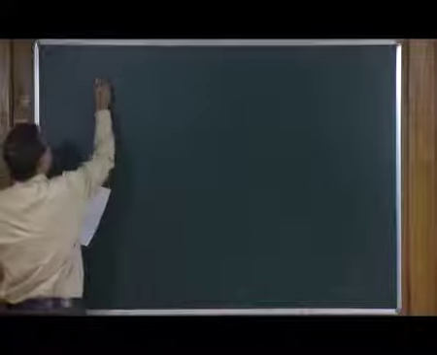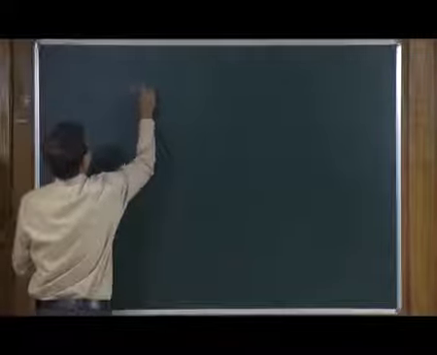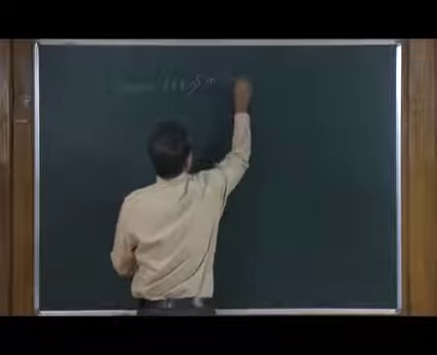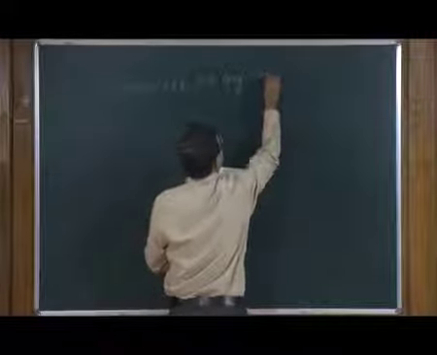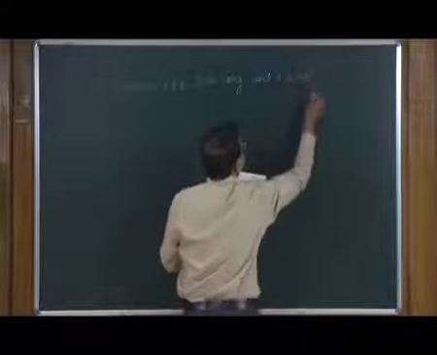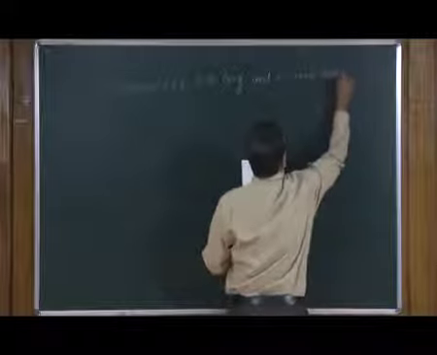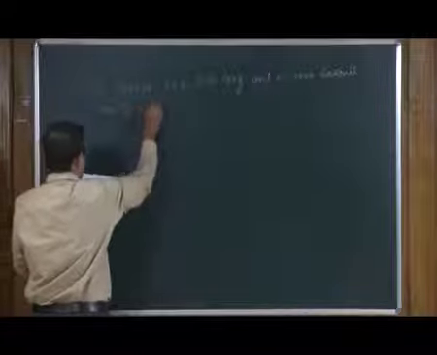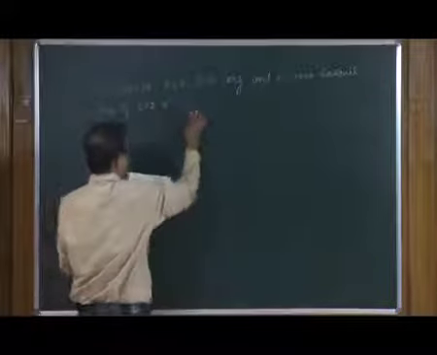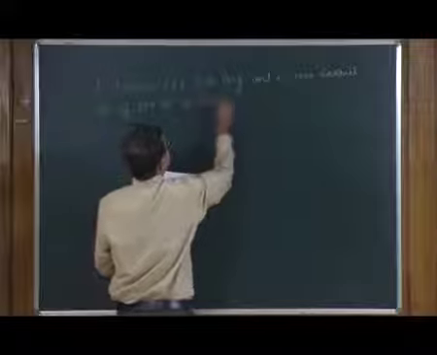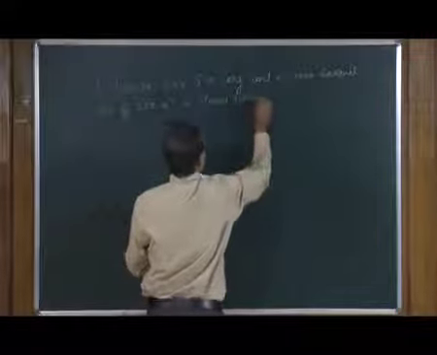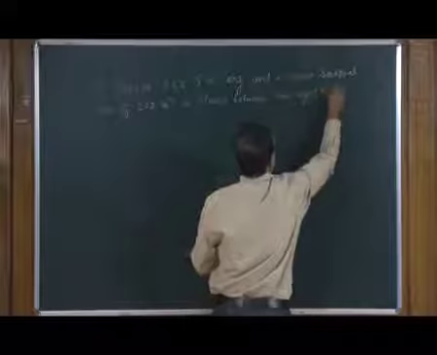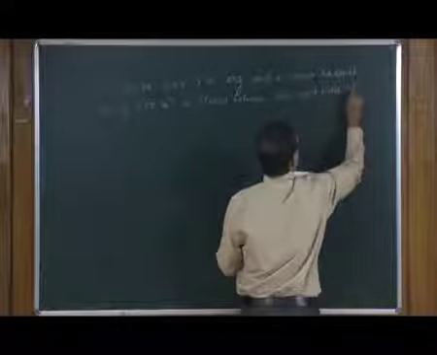So, let us say a bronze bar, 5 meter long and a cross sectional area of 200 meters square, is placed between two rigid walls as shown.